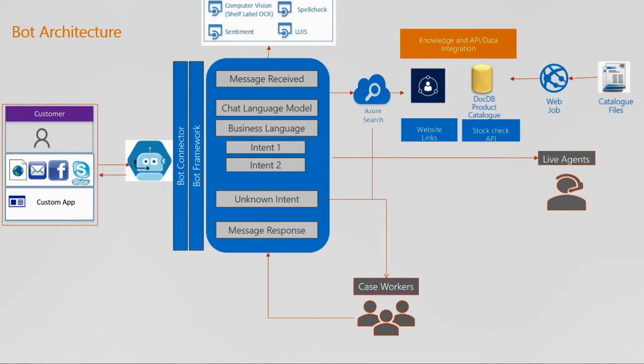When CAMI either gets to a point of negative sentiment or where she can't answer a question, one of the other key components of a bot is failure state. Right? So bots are great, it's all about self-service, but what if they can't answer the question? Either I've come in, I've asked a question that isn't relevant to the bot, or maybe I'm just frustrated and I don't want to talk to a bot, I want to talk to a person.